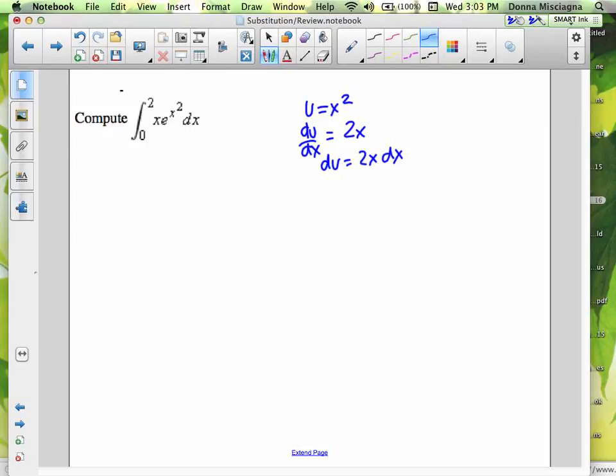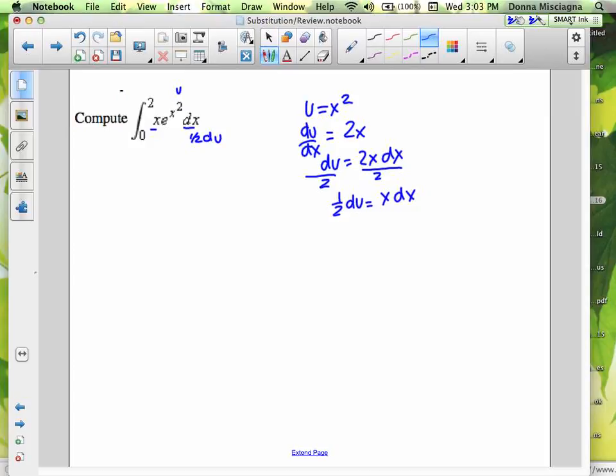And we don't have a 2, so we'll have to divide by 2. So 1/2 du equals x dx. So we're going to replace the x squared with a u, and these parts here will be replaced with a 1/2 du.